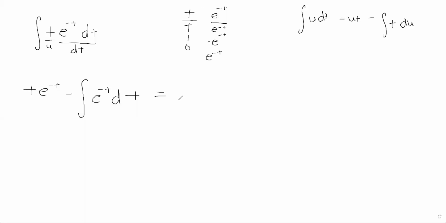So we're going to subtract the antiderivative of negative e to the minus t. If the antiderivative of e to the t is e to the t, that means that the antiderivative of e to the negative t is going to be negative e to the negative t.